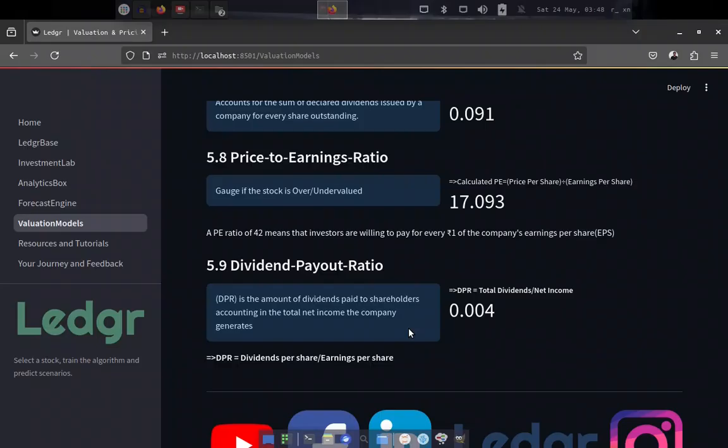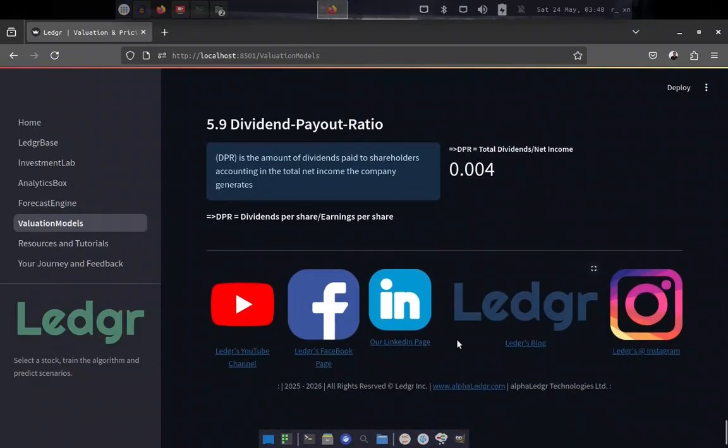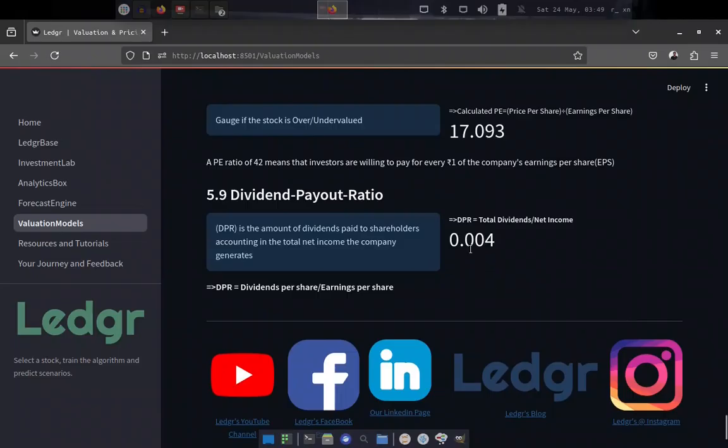That's why it's blank over here, but it does have a value over here. It's something around 0.004 per share. But that's not bad at all, because you won't be owning one share, you'll be owning many.